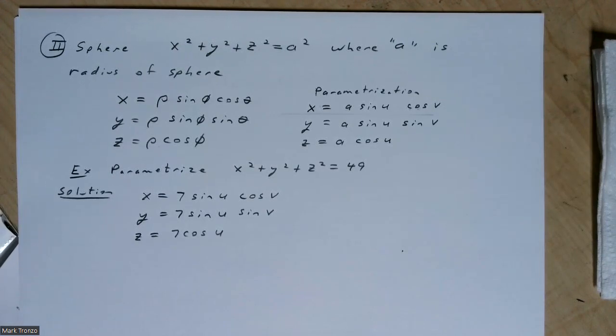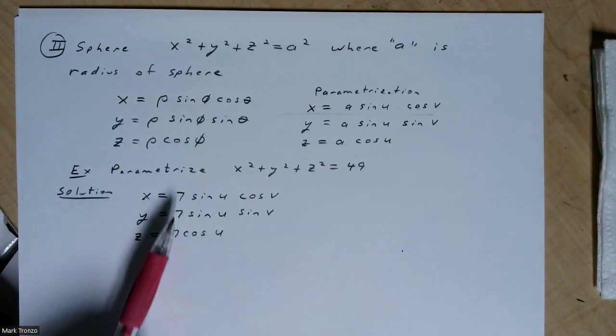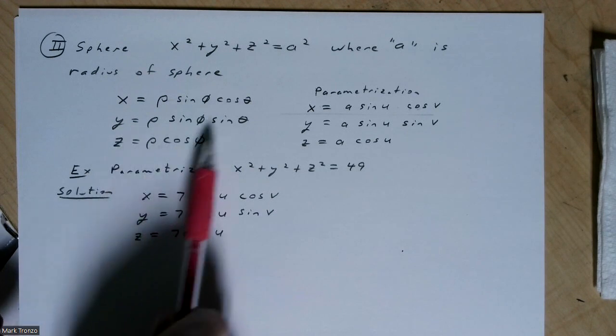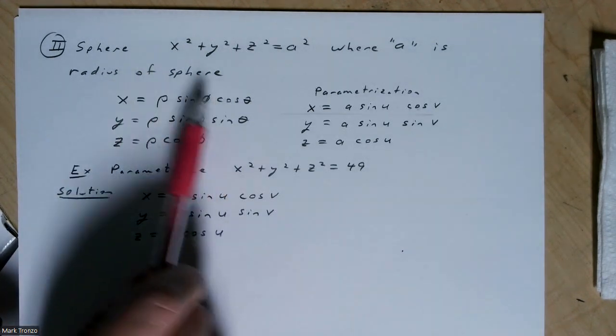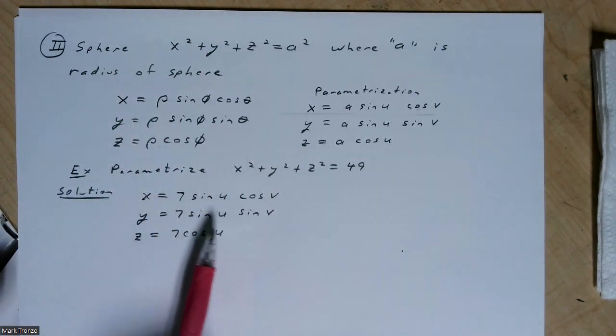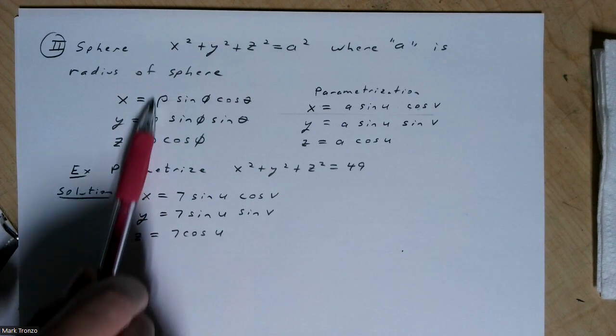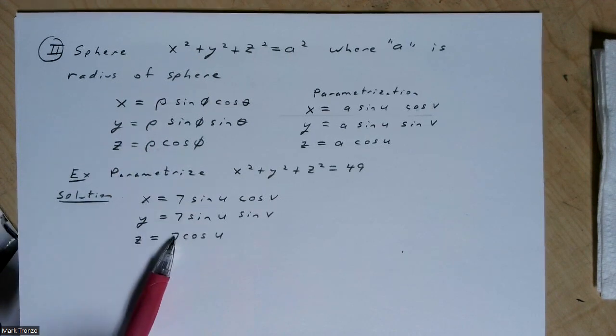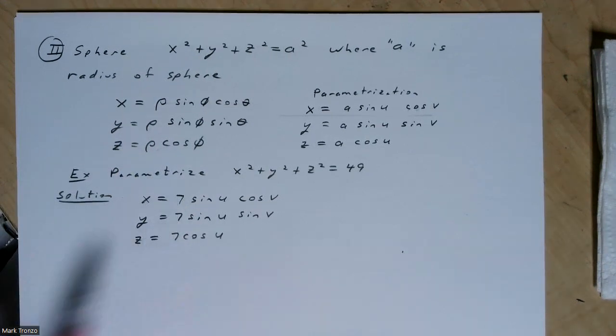One important thing to remember is that this is just going to be a constant out here. So we're using the same form that we had for spherical coordinates, but we're going to replace the rho, which is the variable, with the radius here.